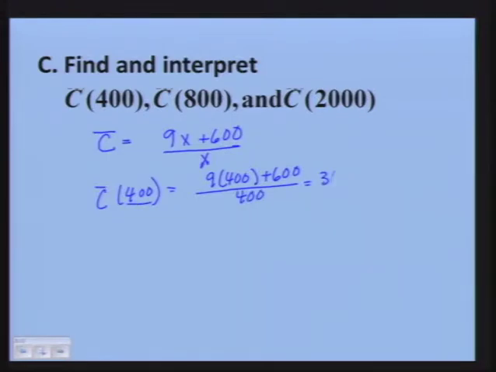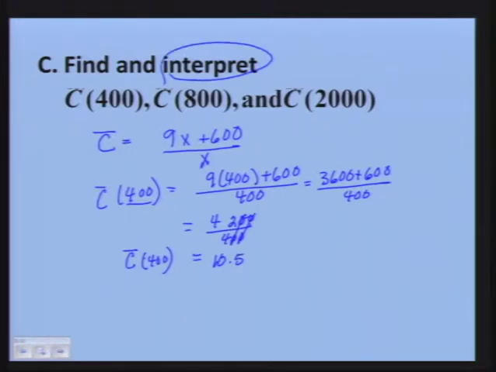So we'll get 3,600 plus 600 divided by 400. That equals 4,200 divided by 400. I'm going to divide by 10 again, and I have 42 divided by 4, which is 10.5. So C bar of 400 is 10.5.